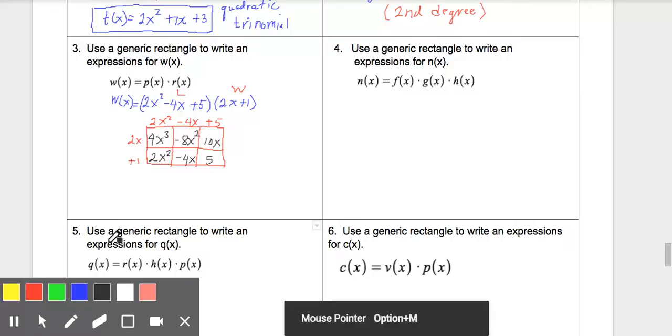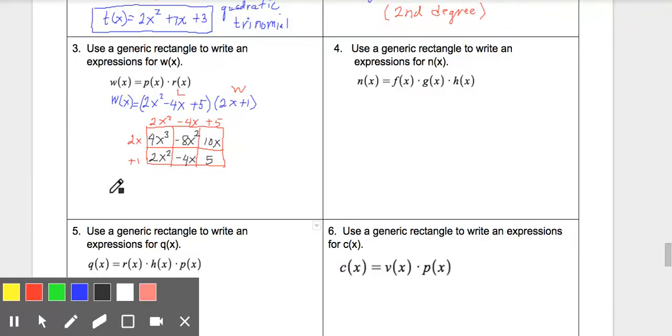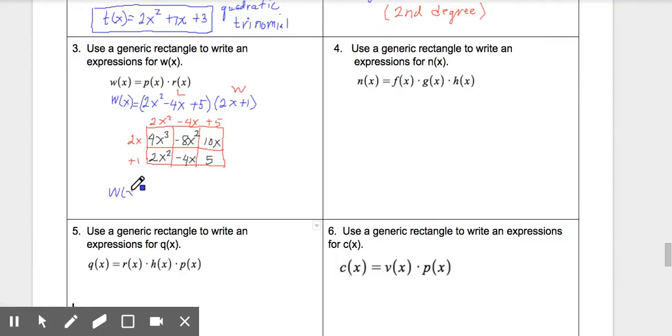So now we are ready to write the expression for w of x. If we examine the highest exponent of x, it is 3. So we start with x cubed, and we have 4x cubed. X cubed will be followed by x squared, and our x squared terms are here.